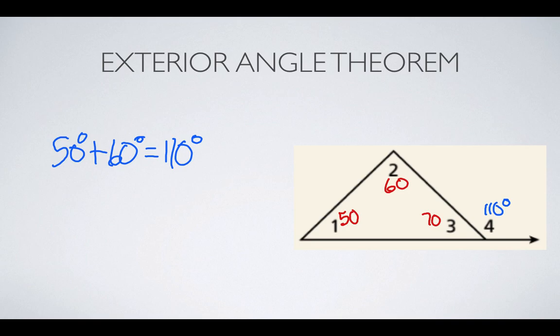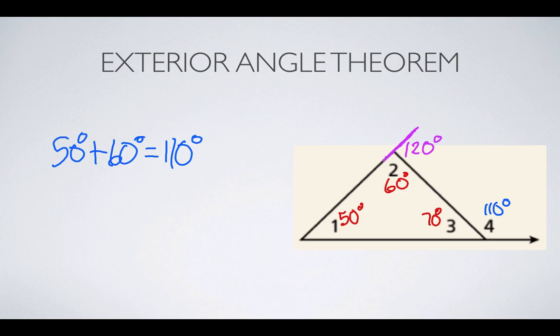So what I'm going to do is extend the line at angle 2, creating us a new angle, which I would call angle 5, but since we're going to just have a value for it, I'm just going to say the value. So in this case, we have a 60-degree angle, so when we extend out the line, the other angle, the angle that would be 5, would be 120 degrees.